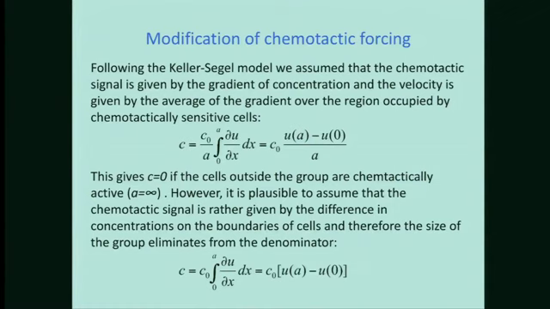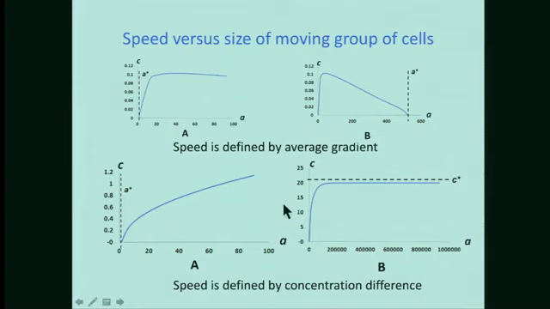So size can make a difference. Bigger cells can detect weaker signals. If we put it like this, then we can have motion of a large group of cells, and an increase of size results in an increase of speed, but it saturates like here.